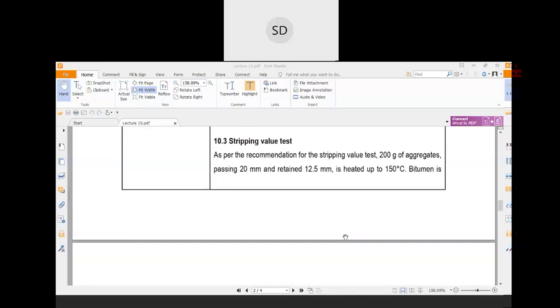Okay, so another test is the stripping value test. Basically, in this test, you coat the particular aggregate particles with bitumen, and after this coating, you immerse them into the water, and after that, you find out whether the bitumen is stripped out from the aggregate particles or not.